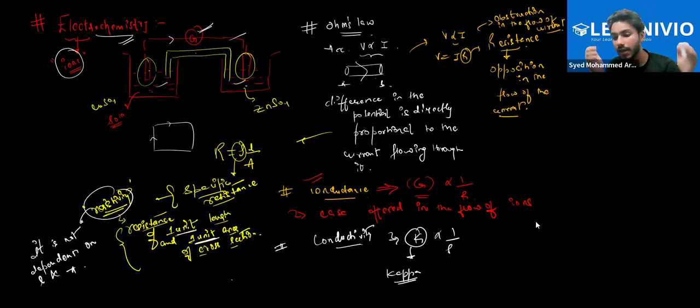Or another way to say this: it is a very good insulator. The two statements are the same, because I'm describing one object in two different ways. So this is the same thing: conductance and resistance are two opposite things, and so are conductivity and resistivity.